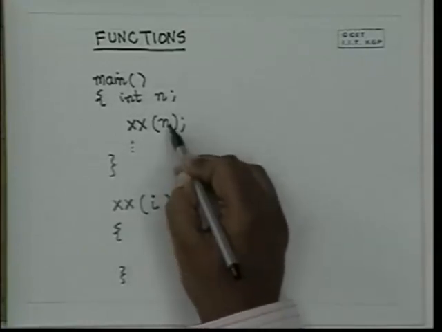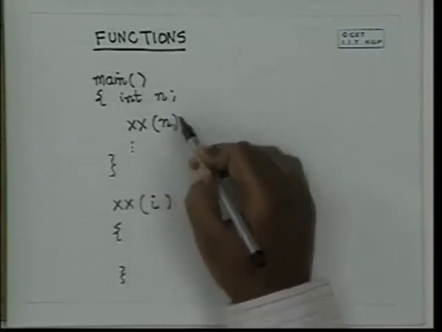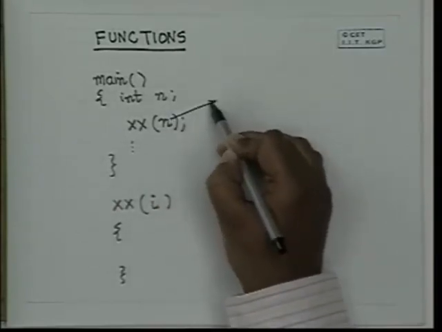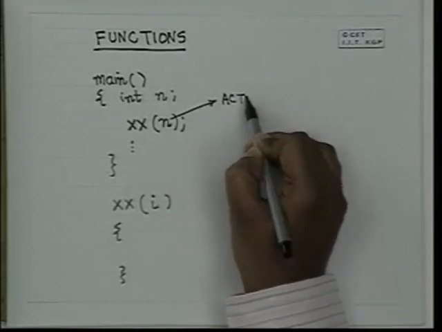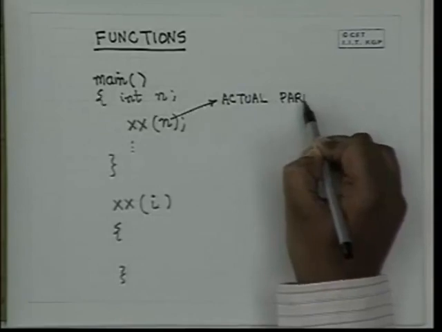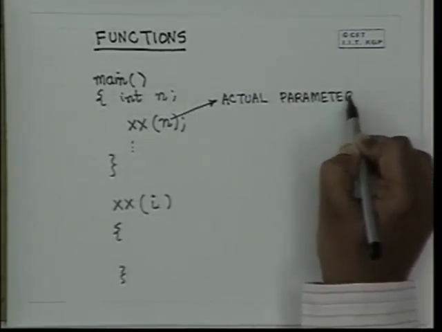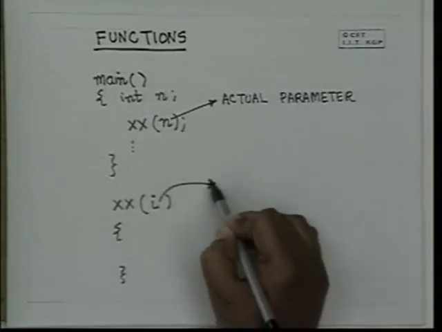There are two parameters of a function. One is called the actual parameter, and this is called the formal parameter.